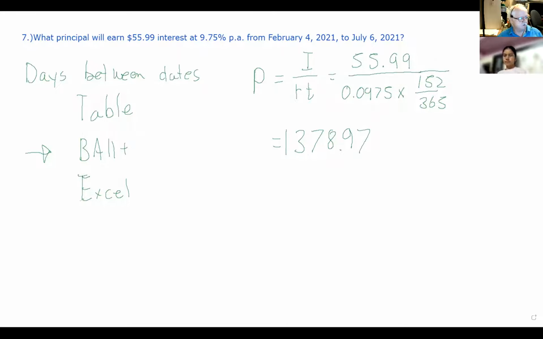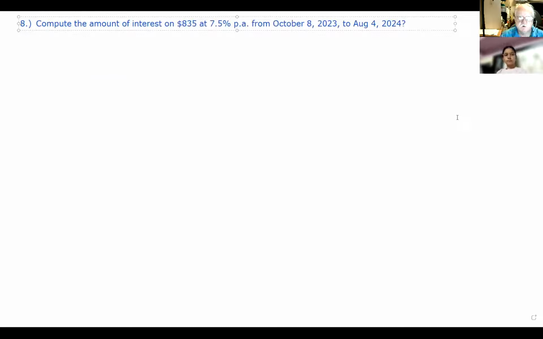So let's find the questions again. I lost them. So compute the amount of interest on $835 at 7.5% per annum from October 8th 2023 to August 4th.